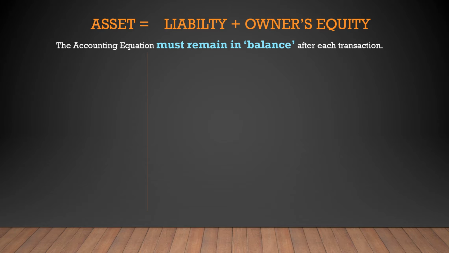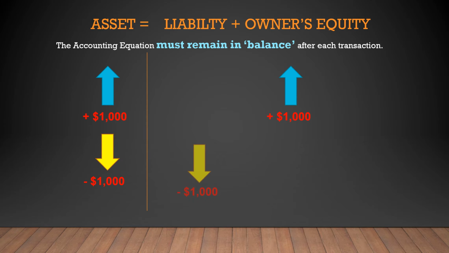So now let's take a look at some examples. Say for example, the assets increased by 1,000. So on this side, there should be a 1,000 increase. If it's not an increase in liability of 1,000, there should be an increase in the owner equity of 1,000. Similarly, if an asset is reduced by 1,000, there should be a reduction in liability of 1,000.